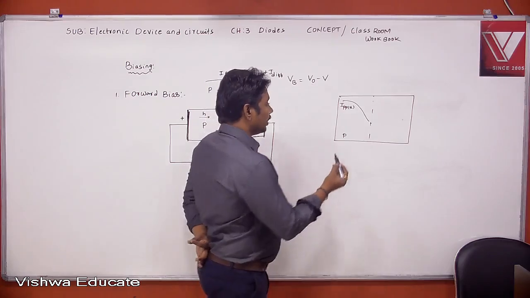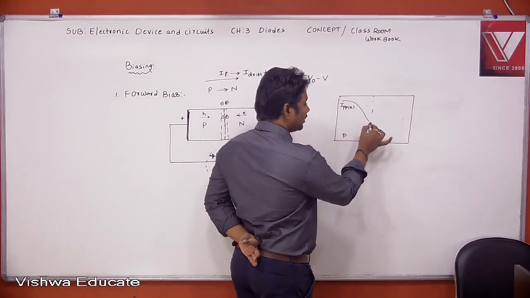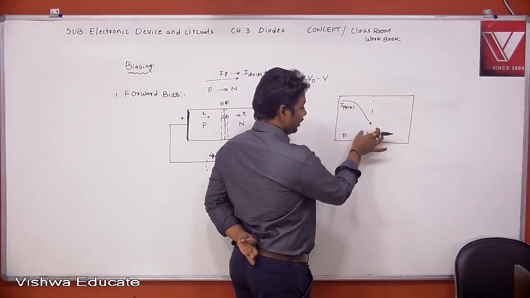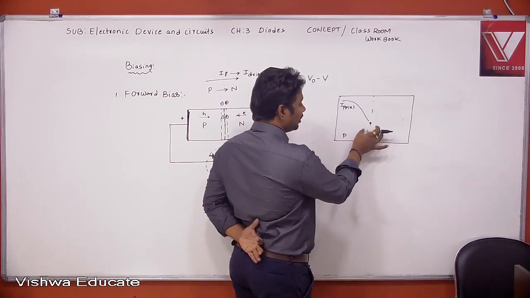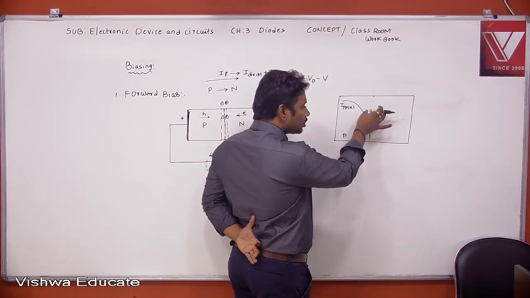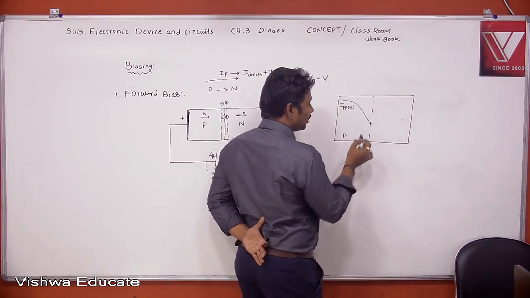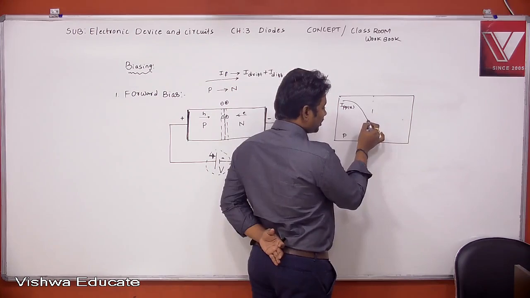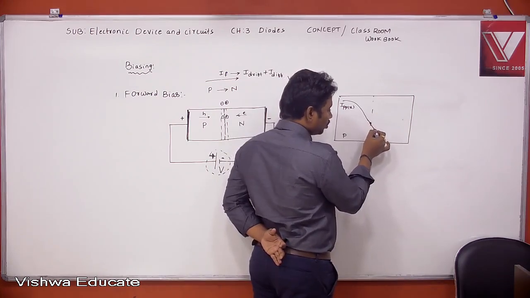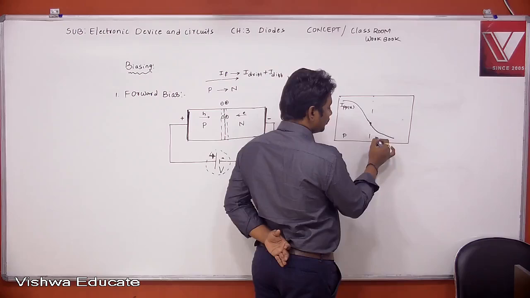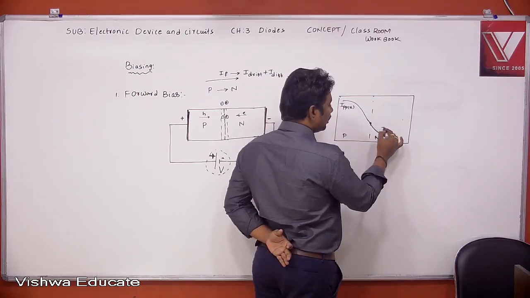Next, IPP of X starts decreasing. At the junction, there is a concentration gradient. Due to this concentration gradient, the holes will diffuse into N side, and it produces a current.